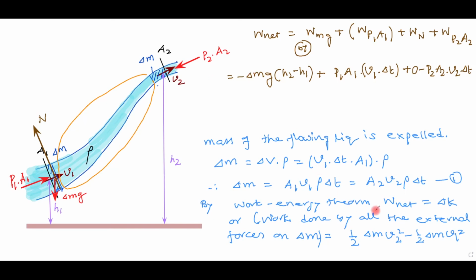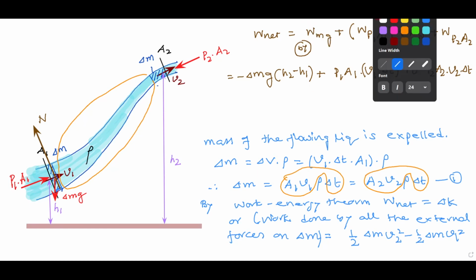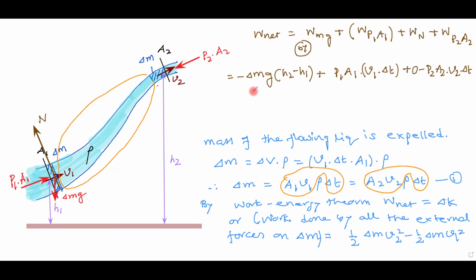Now we'll use equation 1 and we'll replace A1 v1 del t. We find A1 v1 del t here and A2 v2 del t here. So in place of this A1 v1 del t, we'll write del m by rho.